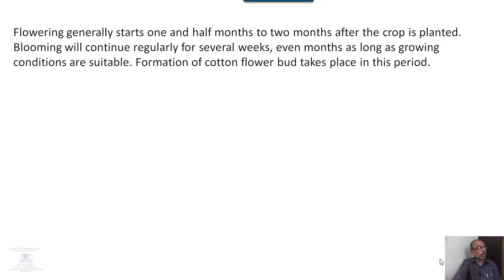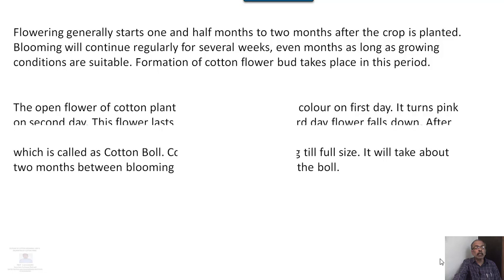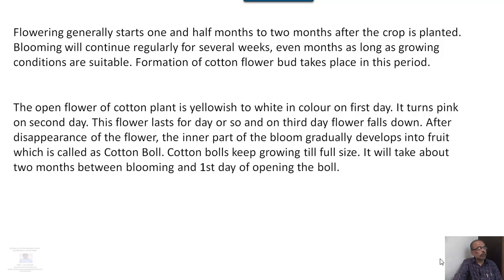Then the green flower bud will develop on these plants, and further the flower will come out of these buds, having a yellow color, and then this will turn into a pinkish color in the further days.